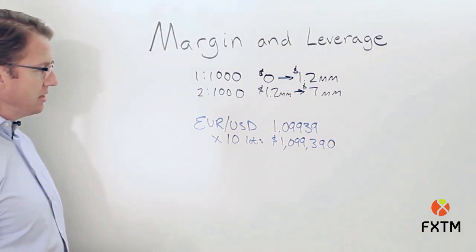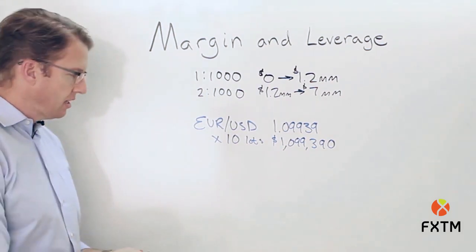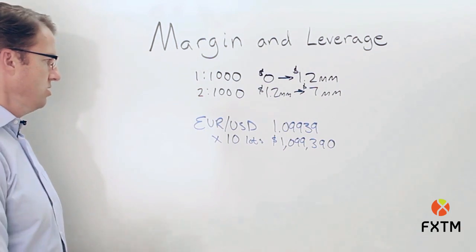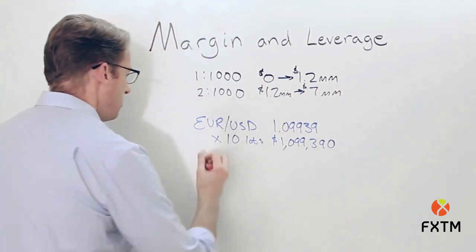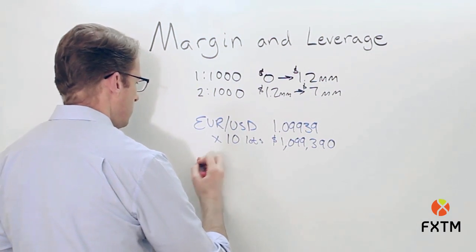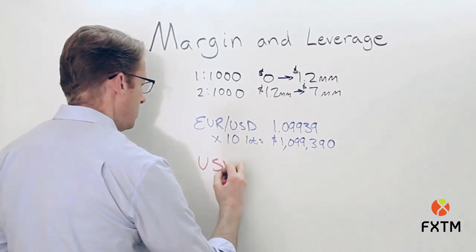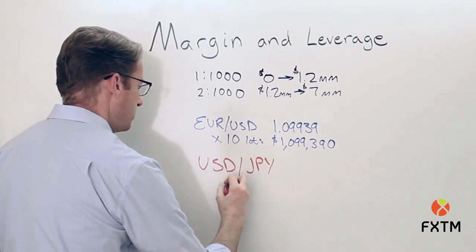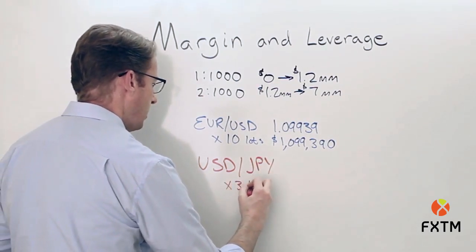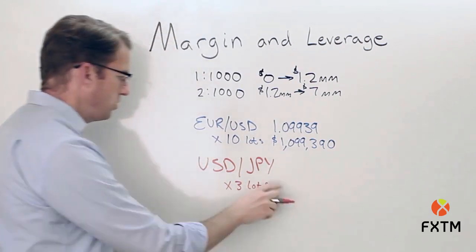All right, but let's make this a little bit more complicated and add a position. Our trader has decided to enlarge her position by simultaneously going short the dollar-yen pair, and she's going to open 3 full-size lots.